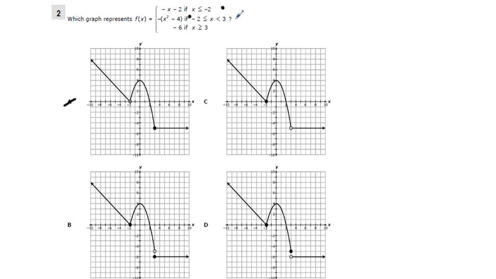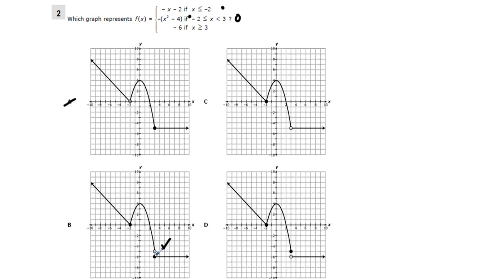And at the right, it looks like an open circle, possibly. And so we go here, and it could be this one right here, B, and then -6 if x is greater than or equal to 3. Well, we look for that -6.